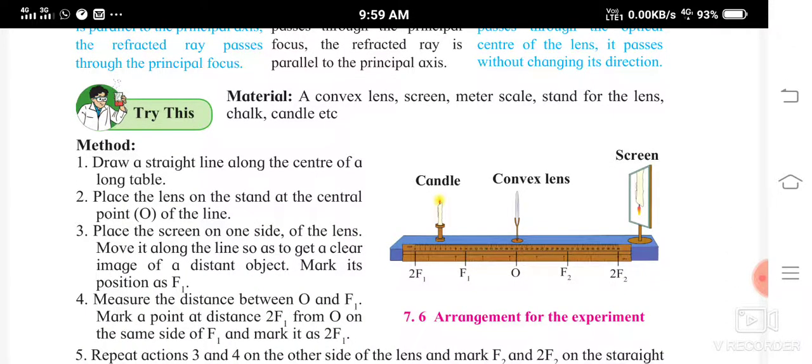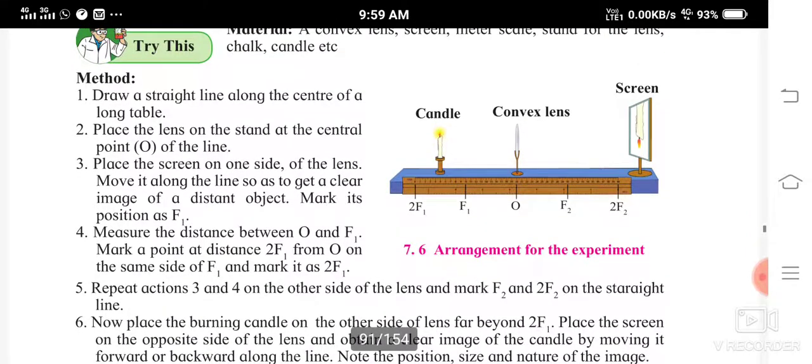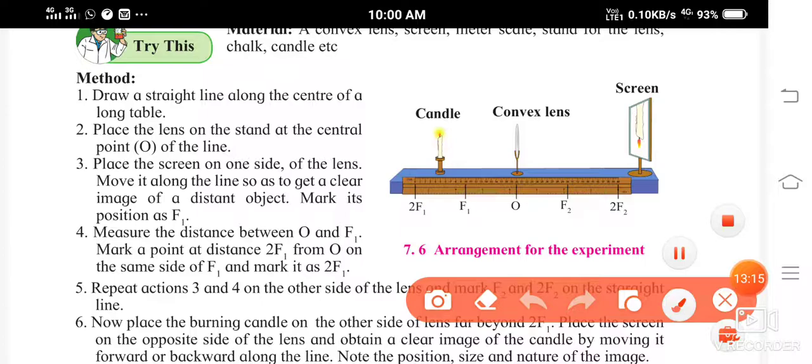Now material, try this. The material required is a convex lens, screen, meter scale, stand for the lens, chalk, candle, etc. Now the method: you are going to draw a straight line along the center of a long table, and then place the lens on the stand at the central point of the line.